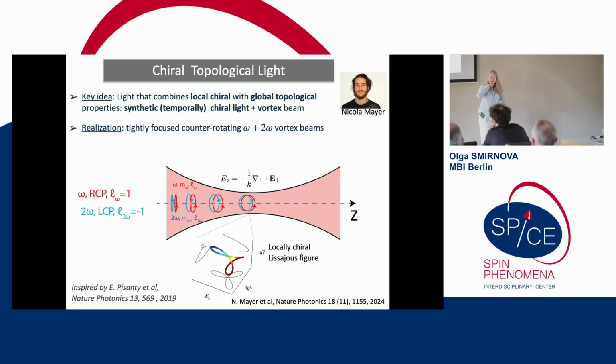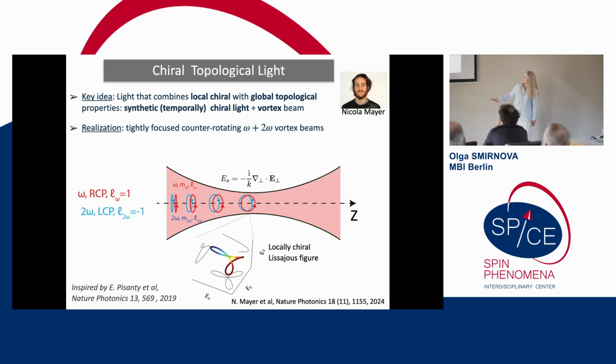But you could also take a different approach and shape it in a different way, and that was the idea of Emilio Pisanti, who came to my group and suggested this, much inspired by his Nature Photonics paper, to create a chirality vortex. So basically combine the locally chiral light that I just explained with vortex light. And that's the setup that we came up with.